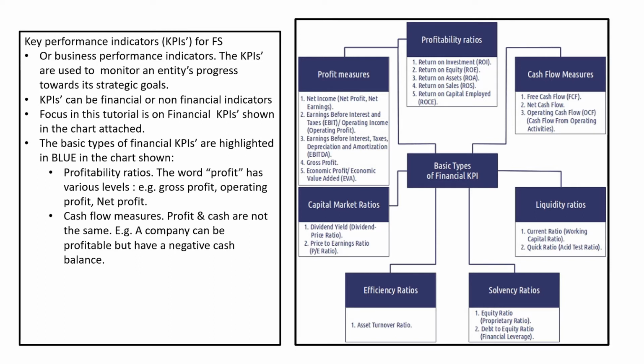For example, a company can be profitable but have a negative cash balance. Liquidity ratios, solvency or debt level ratios, efficiency ratios, and capital market ratios.